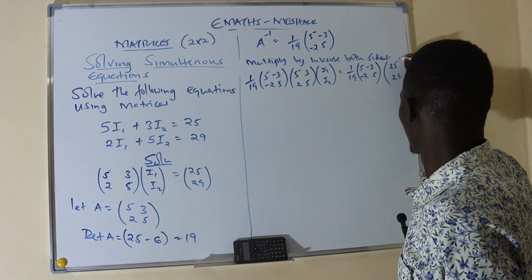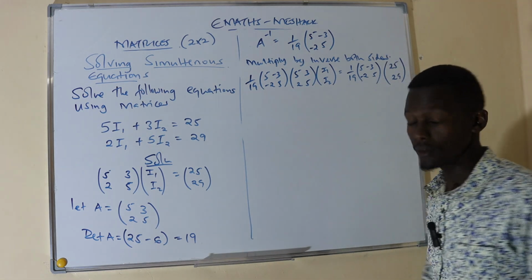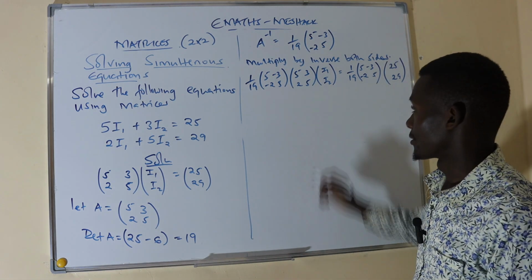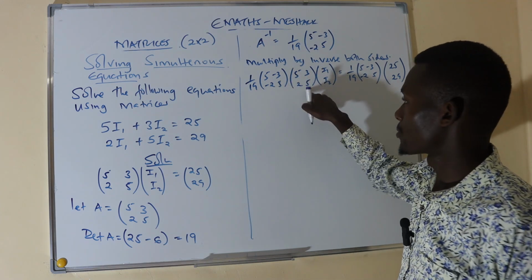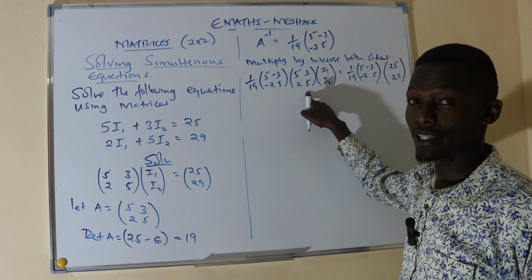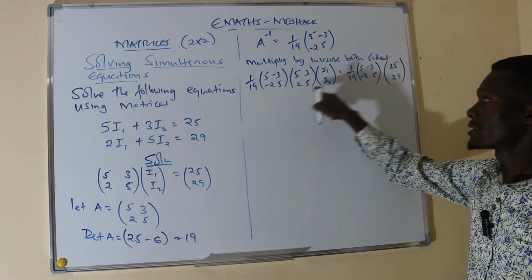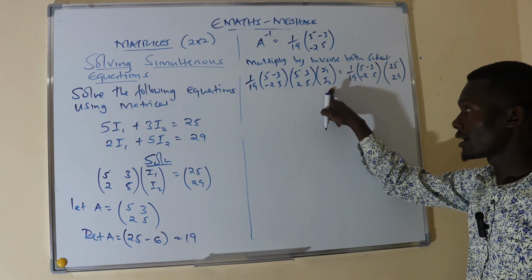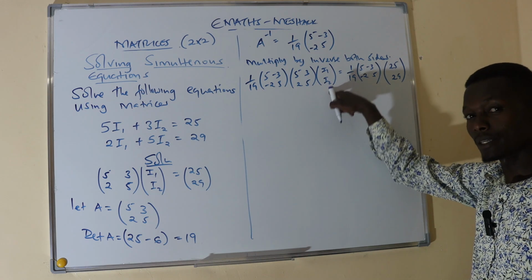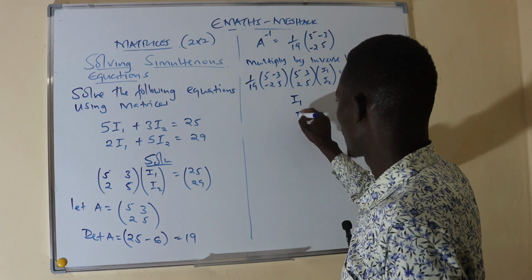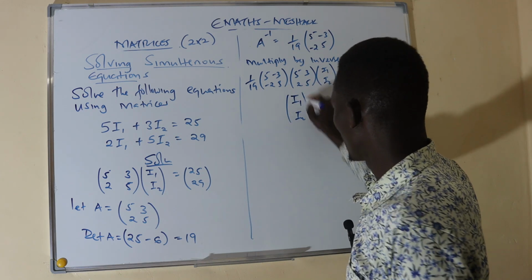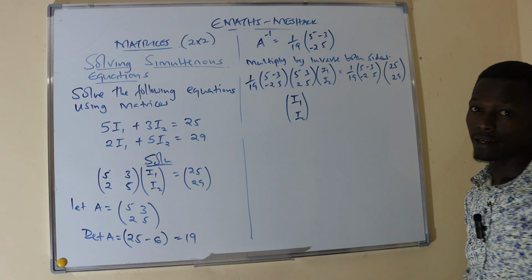Now we know that when you have an inverse multiplied by the same matrix, it gives us the identity matrix, and the identity matrix times any matrix gives the same matrix. So on the left hand side, our values remain as I1 and I2.